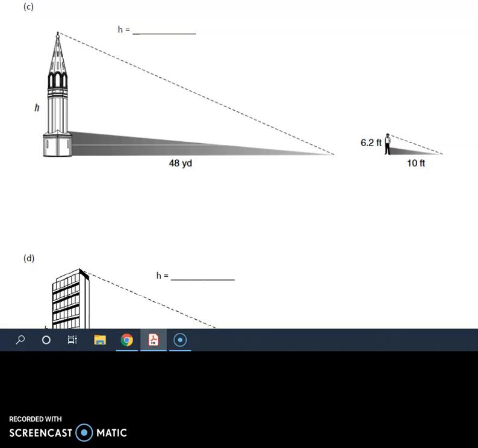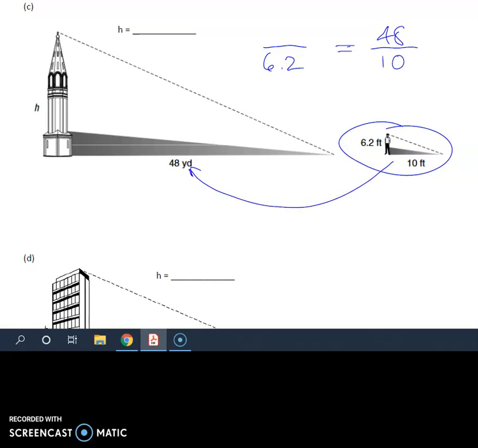All right, so problem C, again, I'm going to choose the triangle with both numbers. So 6.2 is the height and 10 is the base or the shadow. So the 10 goes with the 48 because they're both shadows. The 6.2 goes with the h because they're both heights. So we're going to cross multiply.